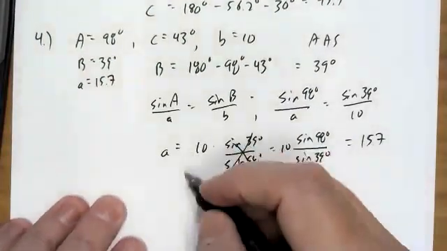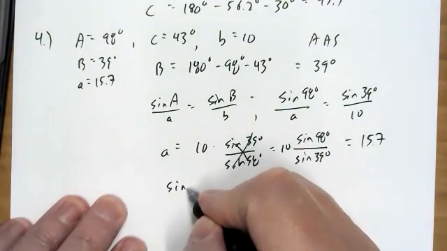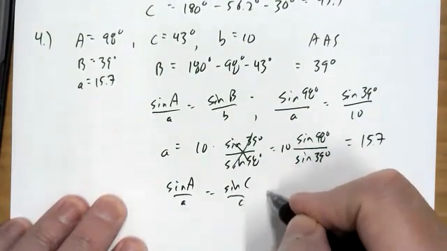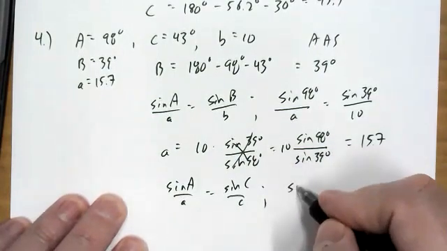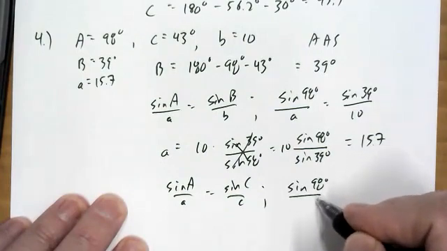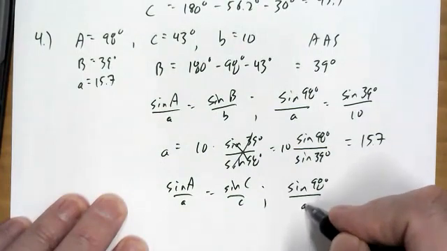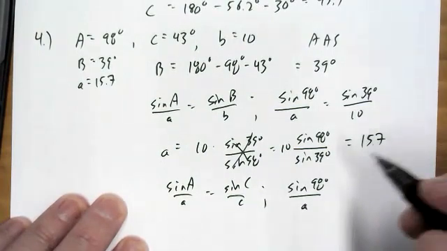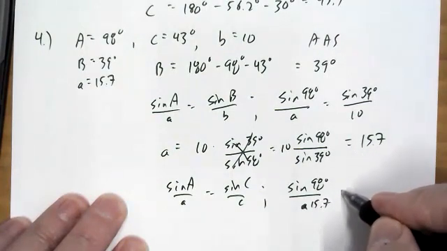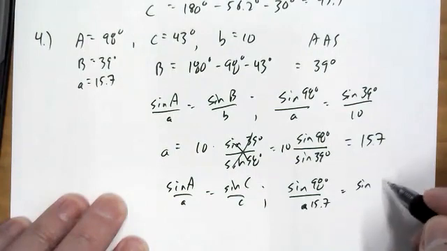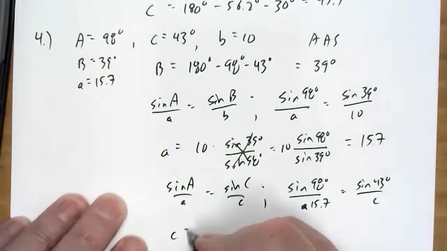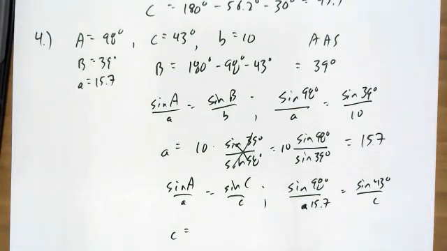Then side C is left. We'll go sine A over A equals sine C over C. Sine of 98 degrees over A. Oh, we know A. 15.7 equals sine of 43 degrees over C. So let's be careful this time.